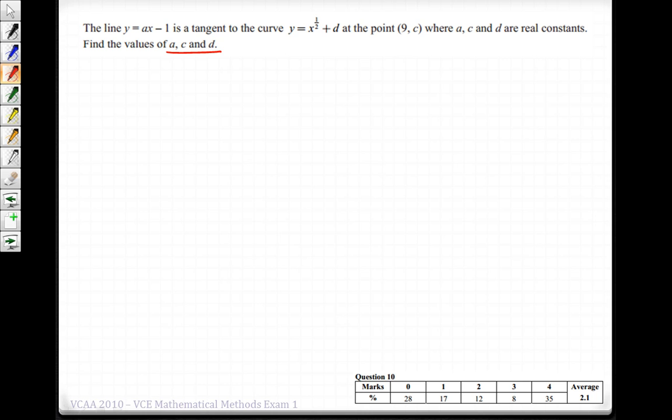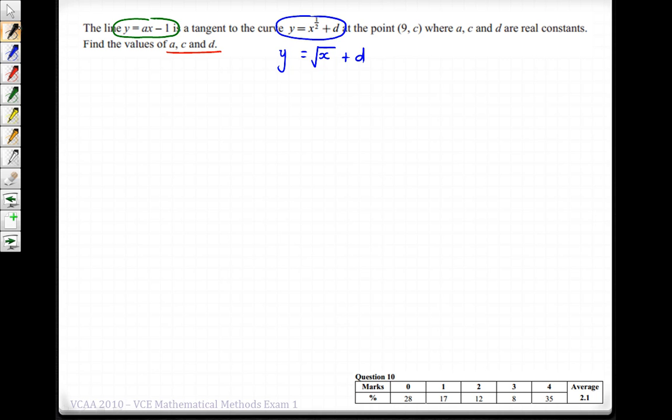So y equals ax minus 1 is a straight line. Obviously, because that's a tangent to y equals x to the power of a half plus d. This one here is simply y equals the square root of x plus d at the point (9, c).